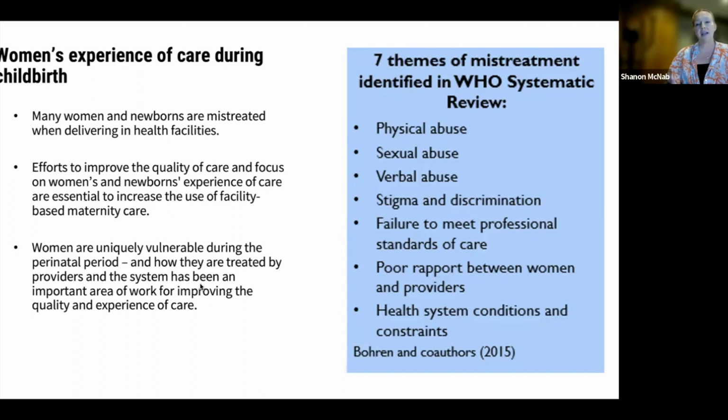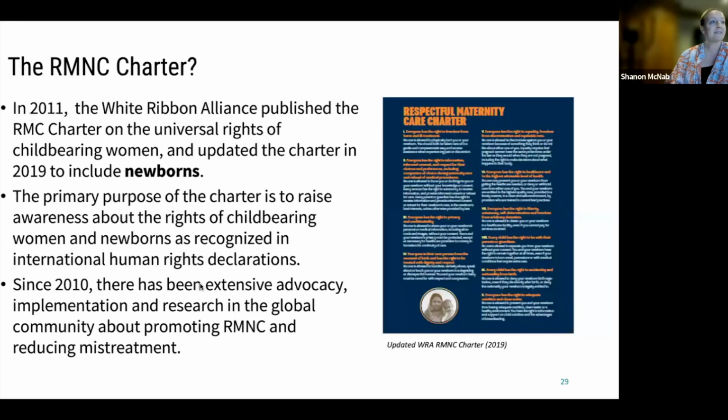On the right-hand side of this screen in blue, there are seven themes of mistreatment identified by the WHO: physical, sexual, and verbal abuse, stigma and discrimination, failure to meet professional standards of care, poor rapport between women and providers, and health systems conditions and constraints. This addresses the full spectrum of issues that women, health systems, and providers can experience.